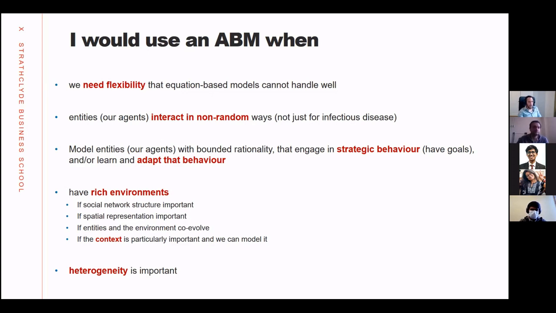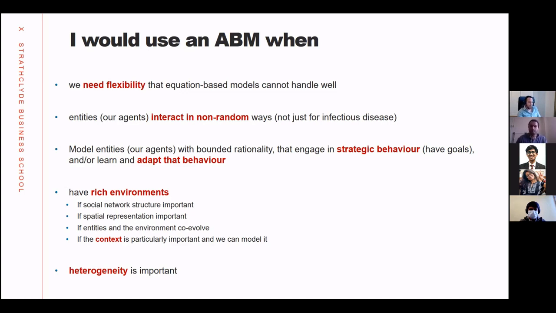I would also use it to model entities with bounded rationality, so that have some sort of model that describes how they act, where we bound the rationality in some way. Agents that engage in some sort of strategic behavior, they have some sets of goals that they want, or they need to learn and adapt their behavior.